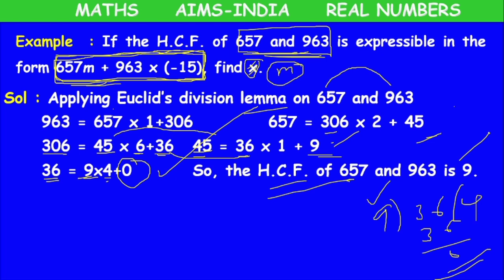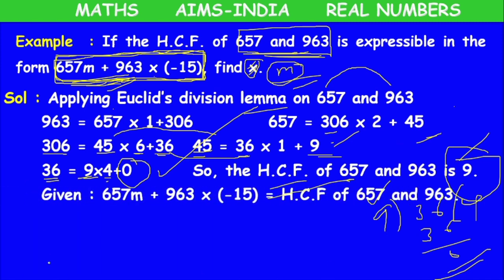But here what they asked is that the HCF will be in the form of this expression. We have to find M. This expression is the HCF, so this value is equal to 9. We have to equate both of them.